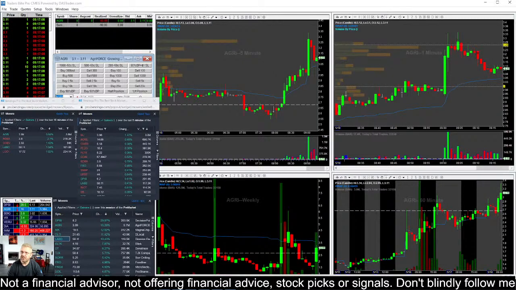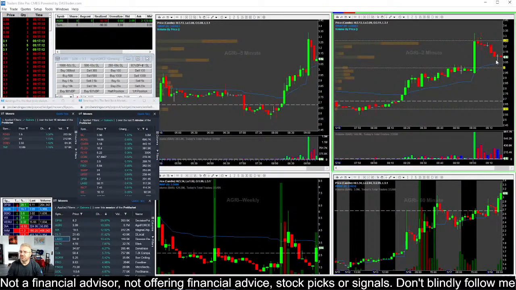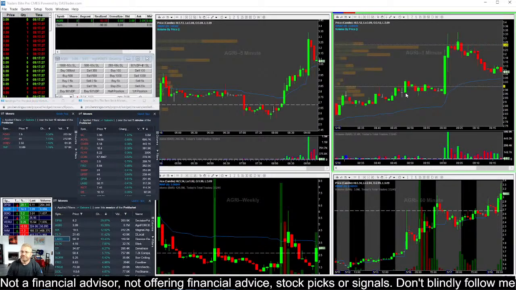On Agri, on the 2-minute, there's a little doji formed here. That's usually an indicator of a reversal in sentiment. You've got one here, but like I say, not all patterns are 100%, particularly pre-market in low volume. The higher the time frame, the more reliable the patterns tend to be.